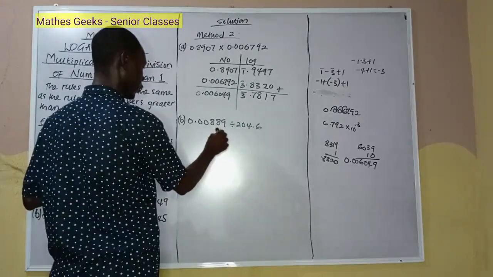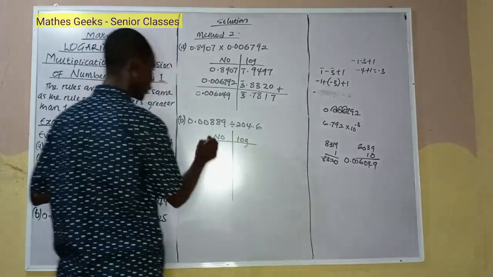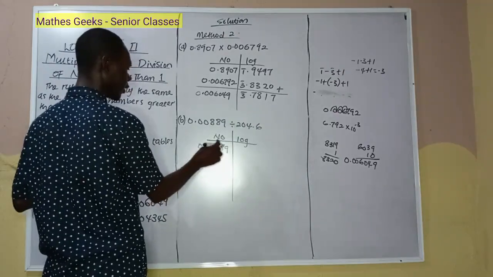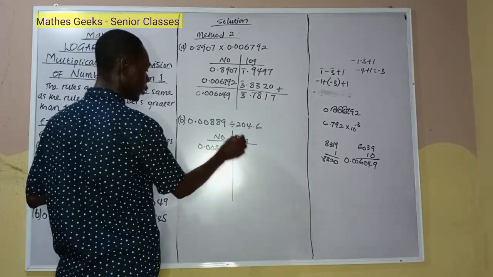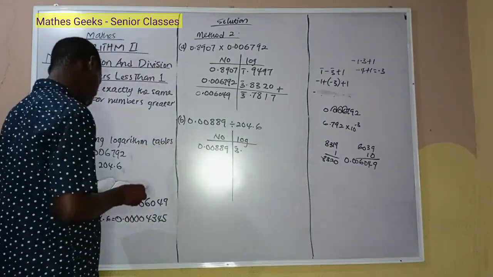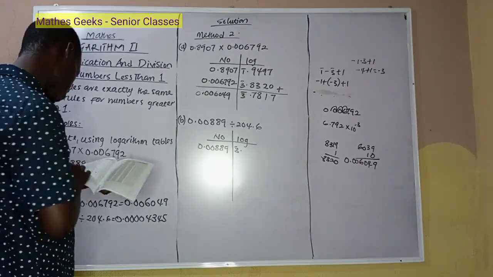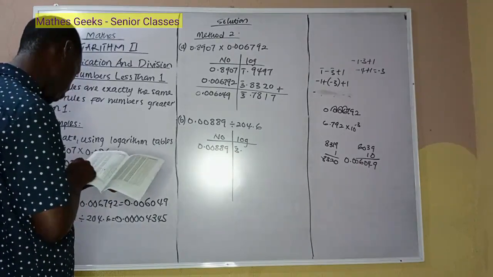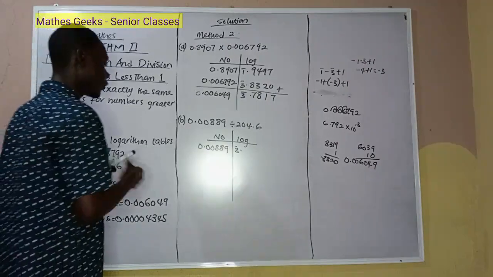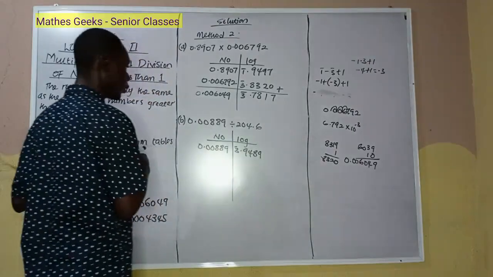So the log of 0.00889 expressed in standard form, our characteristic would be bar 3 point. So 88 under 9 is 9489.